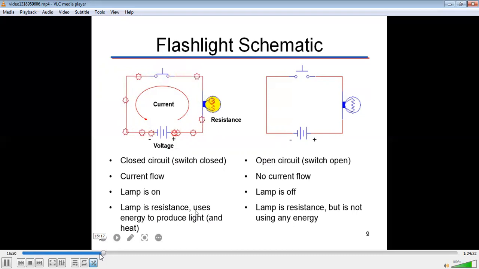On the other hand, in the left one, the current flows, the lamp is on, so the lamp is resistance and uses the energy to produce light here. This is a real life example to understand what resistance is and how it works.